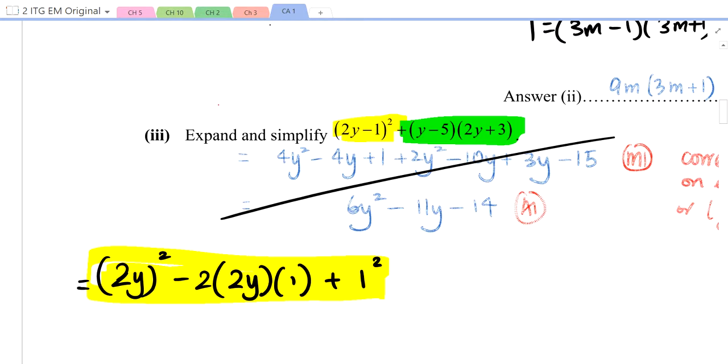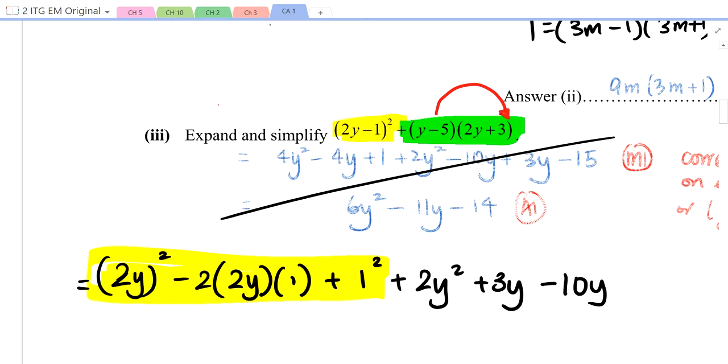Okay, so now I want to expand the green side. y times 2y. Do it step by step. I get 2y squared. Next, y times 3 to give me 3y. Next, negative 5 times 2y to give me negative 10y. Finally, negative 5 times 3 to give me negative 15.